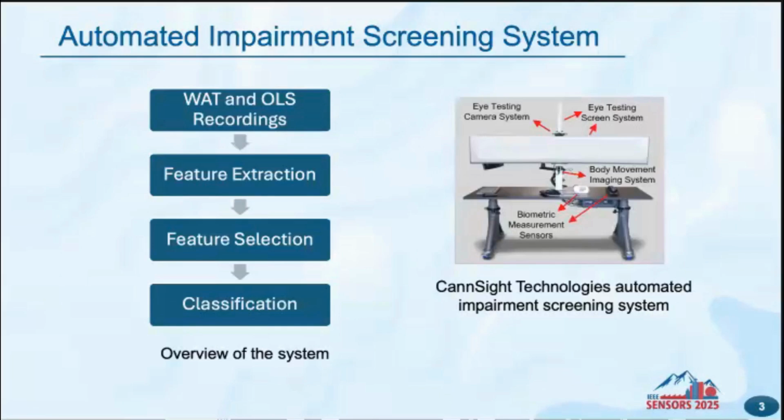In our system overview, we use these recordings from the tests. After pre-processing and filtering, we extracted the most important features from the skeletons of the people in the videos. After selecting the most relevant features, we finally classified the participants as impaired or non-impaired.